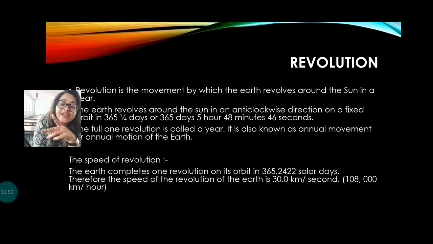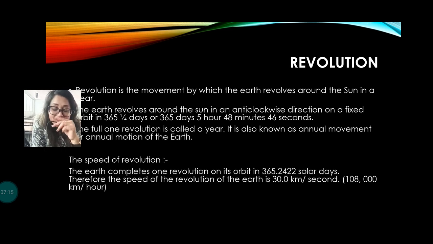This one full revolution is called a year, the annual motion of the Earth, and one complete motion is known as the solar year.